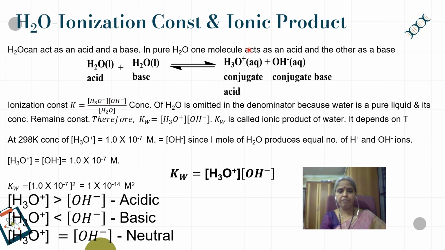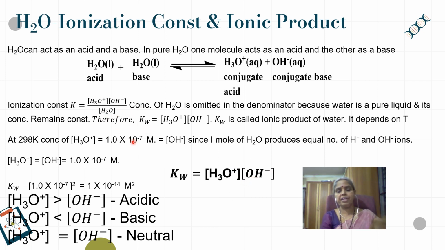So, if you presume that the equilibrium condition has been attained, the equilibrium constant, also called the ionization constant K, is equal to molar concentration of H3O plus into molar concentration of OH minus divided by H2O. Since the concentration of H2O remains constant because of very high molarity, it is the medium in which the process is occurring, its concentration is very high, no perceivable change occurs.